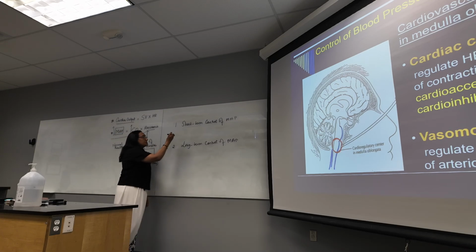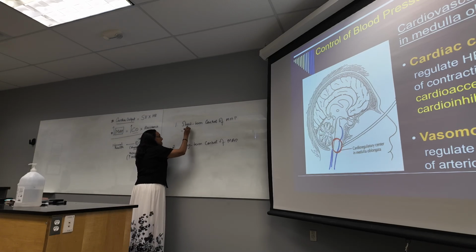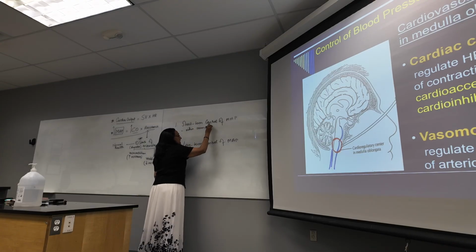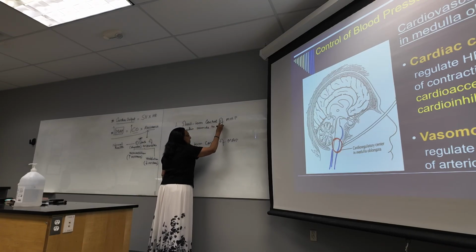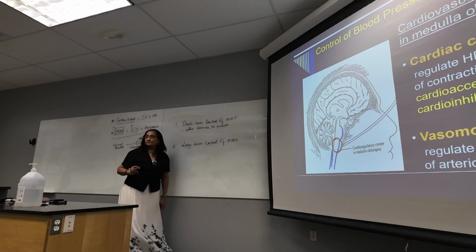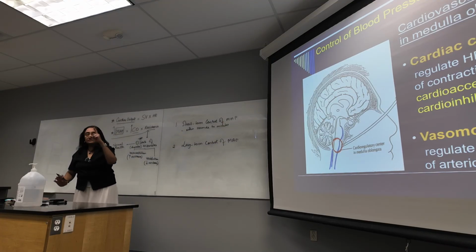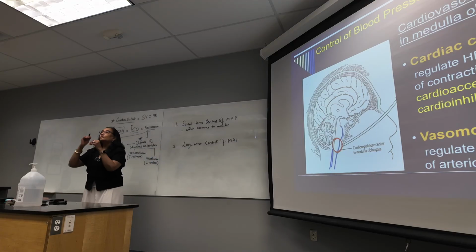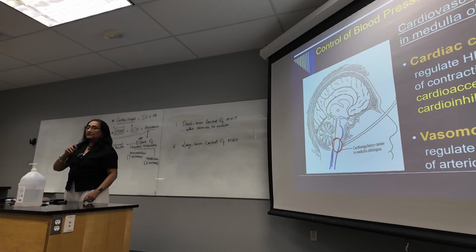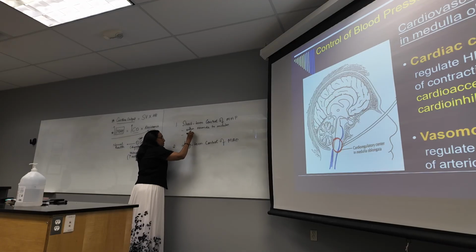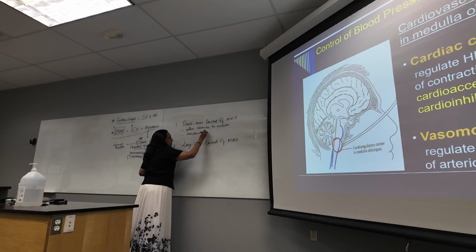Short-term control means within seconds to minutes. Within seconds to minutes, the blood pressure will be brought back to normal. If it increases, it will come back to normal within a few minutes. If it decreases, it will be brought back to normal within a few seconds or minutes. This is a nervous mechanism. Nerves are involved here.